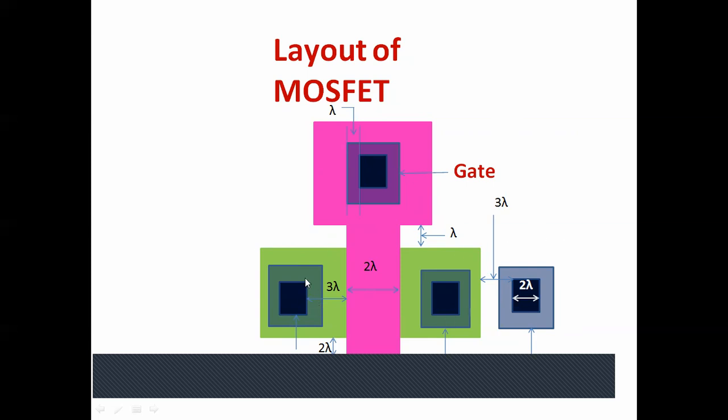So this is the layout of a MOSFET. This is source or drain. This is source or drain. This is the substrate contact, and this is the gate contact. This is the active area mask, then the gate mask, then the contact mask, the black one, and whatever is shown is the metal mask. So all these masks are required. 4 masks are required for fabrication of either NMOS or PMOS.